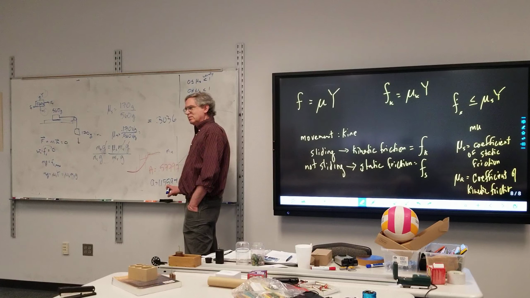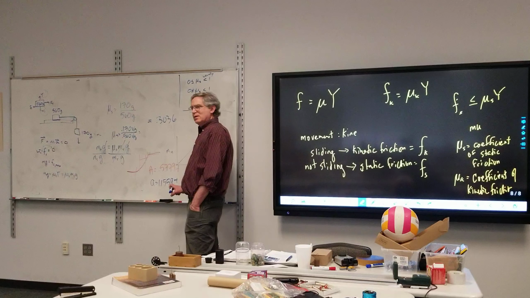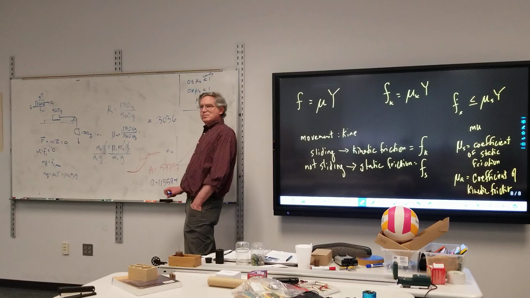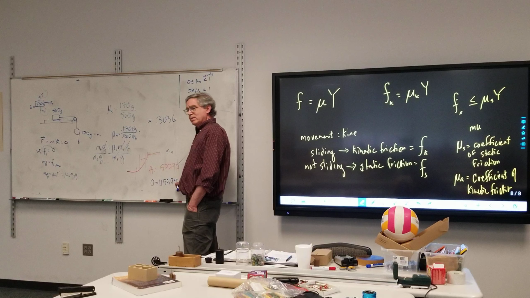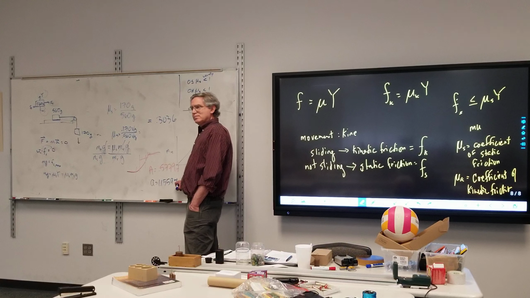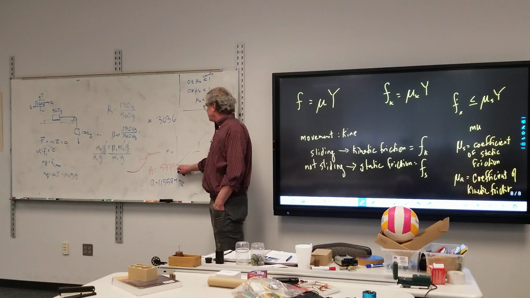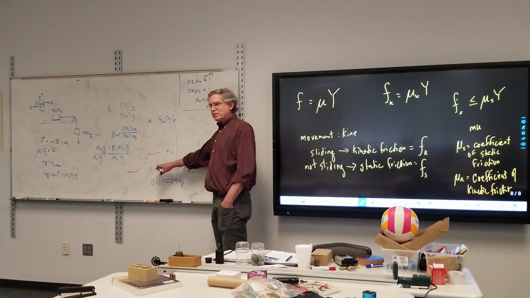Is that right? I'm not opposed to making Keller's error up here. Yeah, that's right. All right, and units? Acceleration? Meters per second squared. This also has units of meters per second squared, but it's not acceleration, it's half the acceleration.